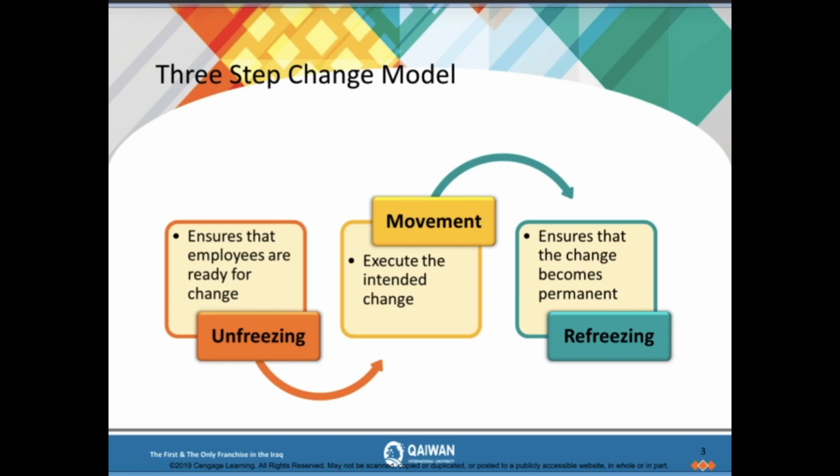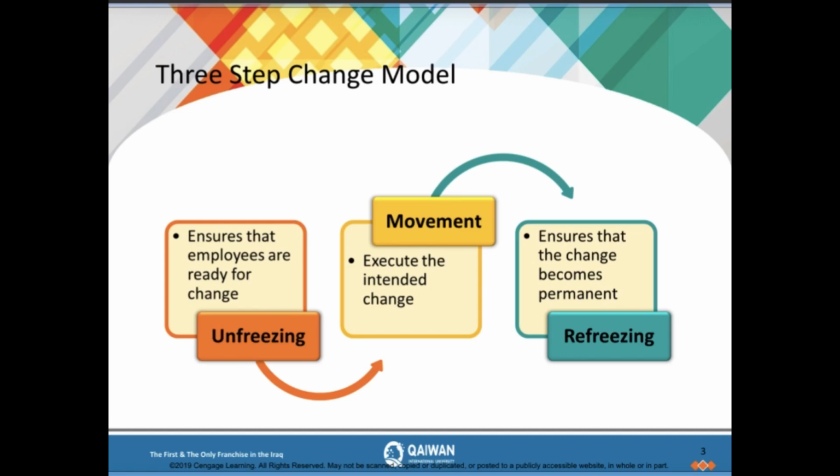Before any change happens, employees need to understand why the change is necessary. If you don't prepare them, they will resist. For example, if the university suddenly changed the system without any explanation, of course students will complain. In any organization, employees will complain. So this is the first step, which is unfreezing.